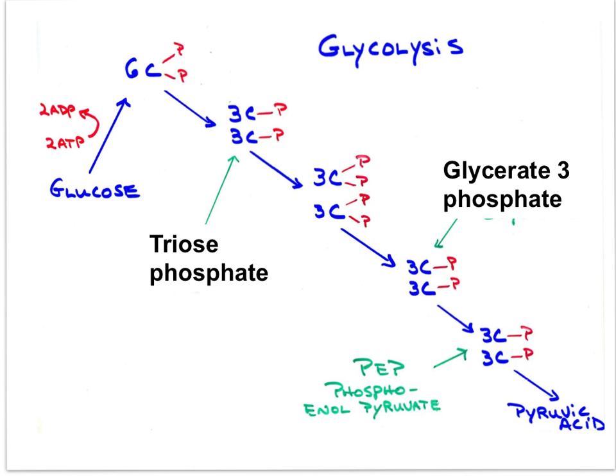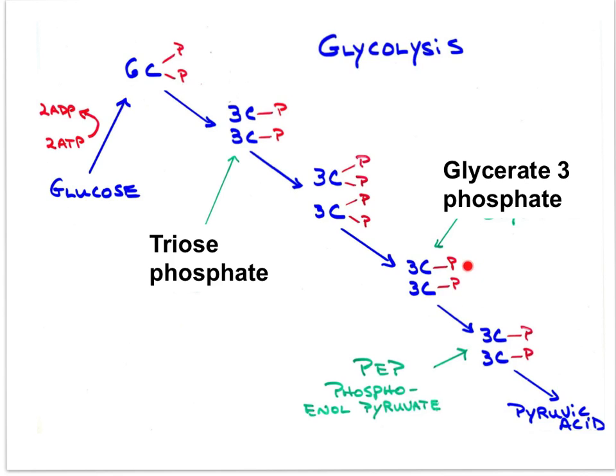glucose. As I've already mentioned, glycolysis, as the first stage of respiration, has the very same intermediates as the Calvin cycle. And remember that glycolysis occurs in the cytoplasm. The first intermediate after the lysis of the fructose 1,6-bisphosphate is triose phosphate. And this intermediate is glycerate 3-phosphate.